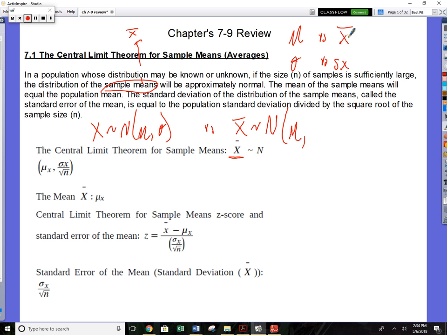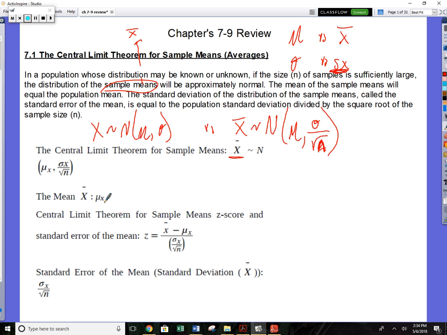X bar is the mean from a sample, sx is the standard deviation from a sample, sigma is the standard deviation from the population, mu is the mean from the population. So you're not going to use the standard deviation of the sample, you're going to use the standard deviation from the population, but it's going to be smaller. You're always going to divide it by the square root of n, how many people are in your sample.